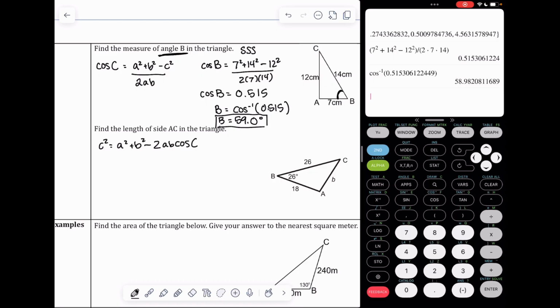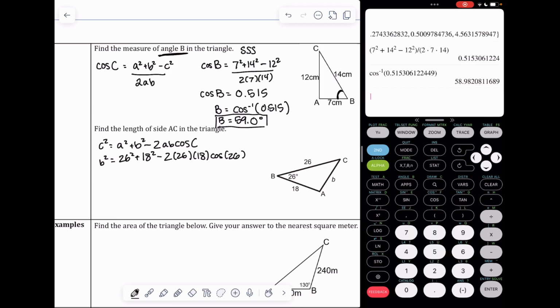And again, the angle we use is the one opposite the side we're trying to find. So for us, we're trying to find b squared. So it'll be b squared equals those two sides that were given, 26 squared plus 18 squared minus 2 times 26 times 18 cosine of our angle 26.